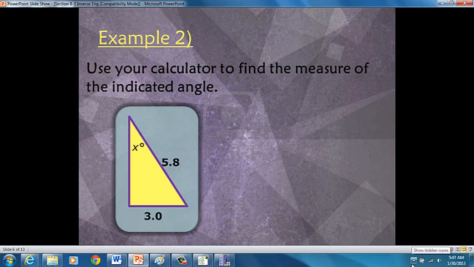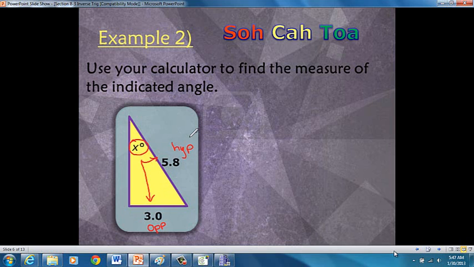For the second example, we're going to use the calculator to help find the measure of the indicated angle. We're looking for this angle, calling it x. Based on this angle, I have the opposite side and I have the hypotenuse to work with. Remember, SOHCAHTOA helps us determine which trig function to use. Since I'm using opposite and hypotenuse, I'm going to be using the sine function.